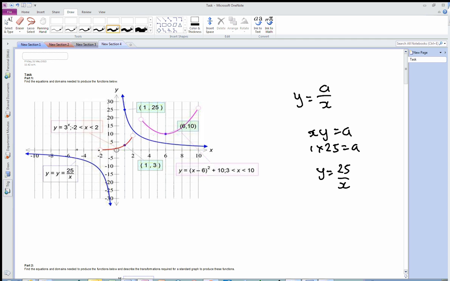The second one, again, it looks like it has an asymptote coming along the x-axis. By the way it's curving up, it is going to be a power graph. Now with these power graphs, the first thing that you really want to do is see where it is one off the axis. Now this one here is one off the axis right there.